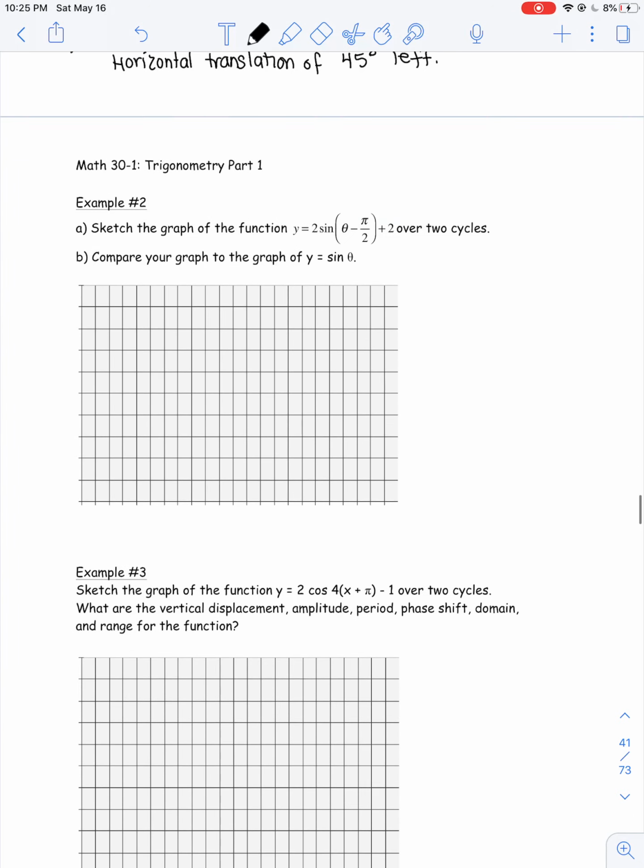Example number 2, now they want us to sketch this guy, but you need to change your mode, so now we're going to be in radian mode. Okay, so make sure you change your mode to be in radians, and then graph this exactly how you see it. So instead of theta, we're going to use x for our calculators. Now you're also going to have to change the window.